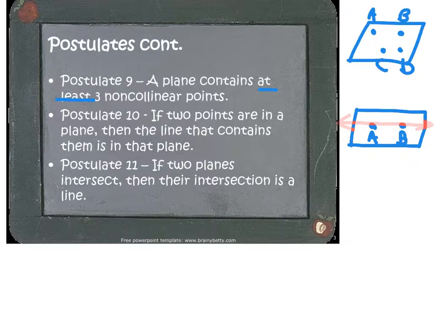Yes? Postulate 9, why can't a plane contain just 2 points? Because by definition, the plane is defined by 3 non-collinear points. So you need 3 points to name a plane. That's why you need at least 3.